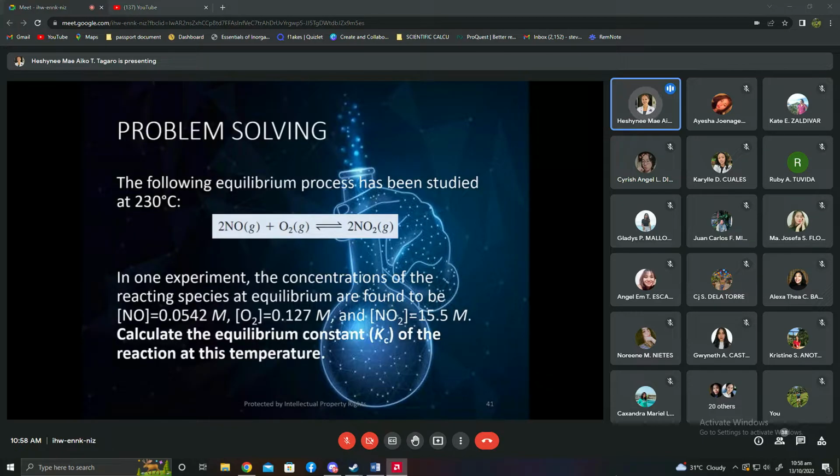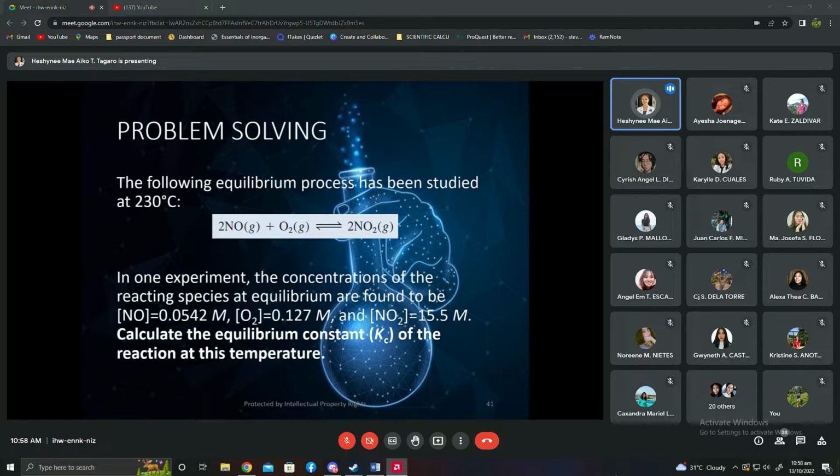In one experiment, the concentrations of the reacting species at equilibrium are found to be 0.0542 molar for nitric oxide, 0.127 molar for oxygen, and 15.5 molar for nitrogen dioxide. Calculate the equilibrium constant of the reaction at this temperature.